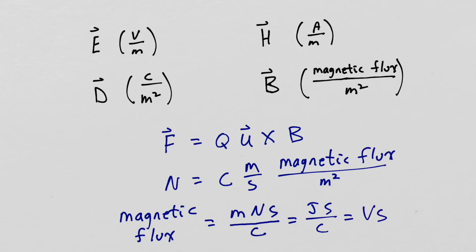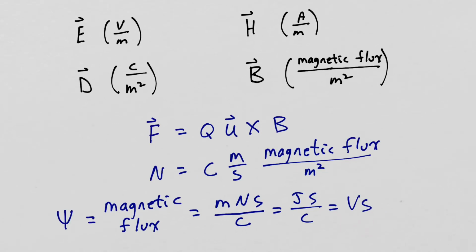So the units of magnetic flux are volt seconds. I will use the symbol psi to represent magnetic flux, but you will often see the symbol phi used to represent magnetic flux.